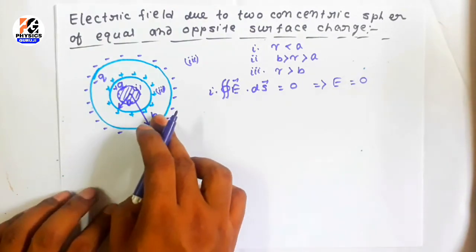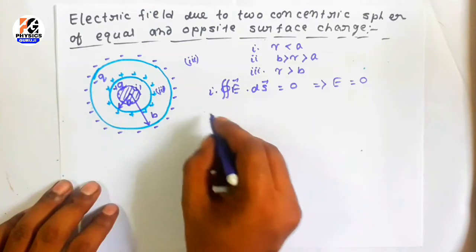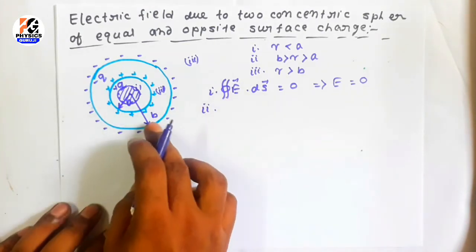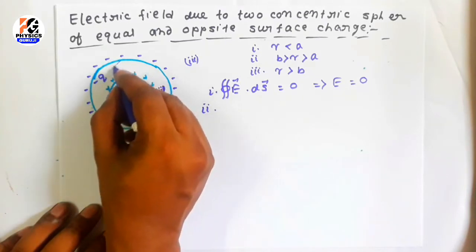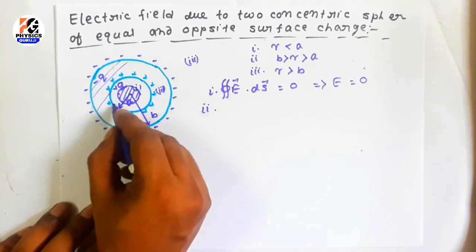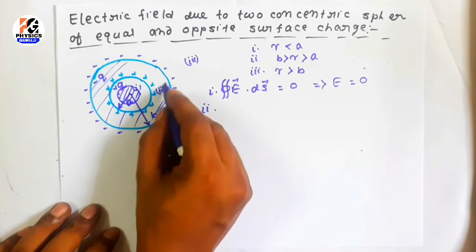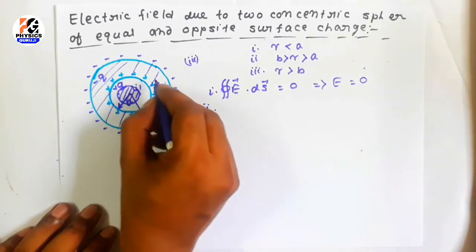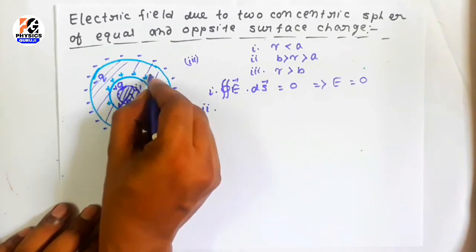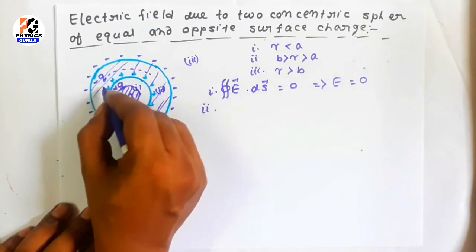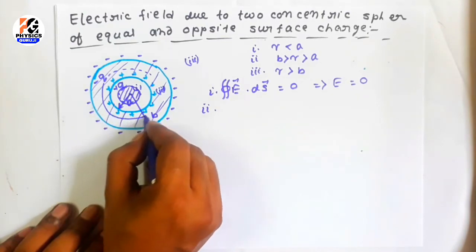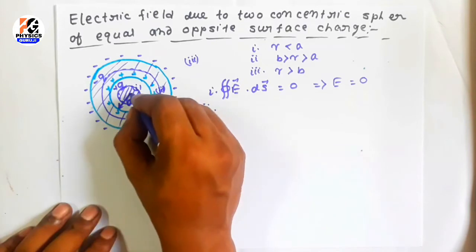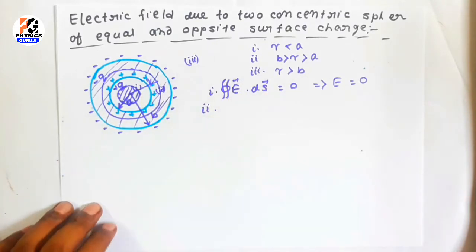Now what about the region in between the two surfaces? In this region the electric field will not be 0, because if you take a Gaussian surface here, I will draw this Gaussian surface as this line. Let the radius of the Gaussian surface be small r.